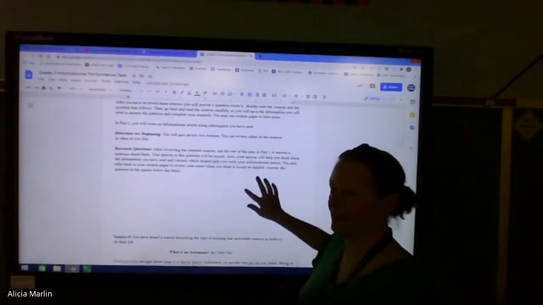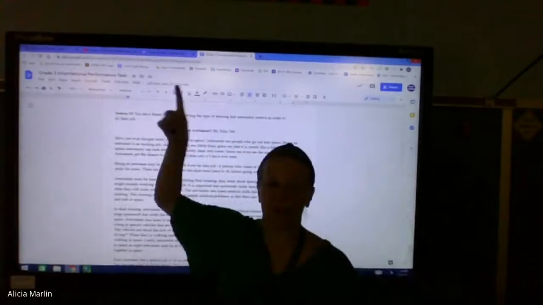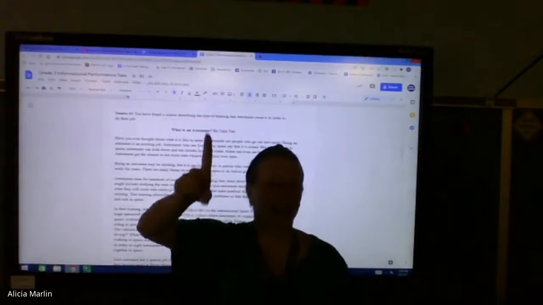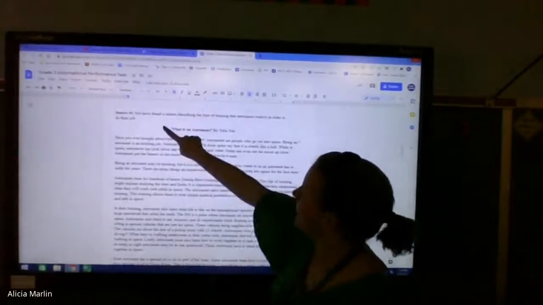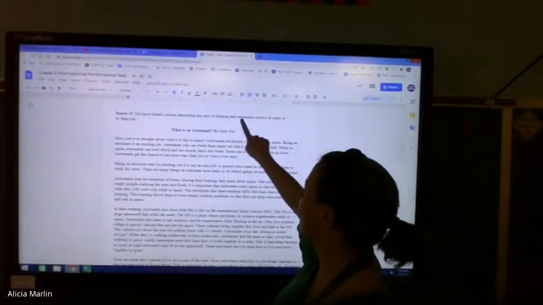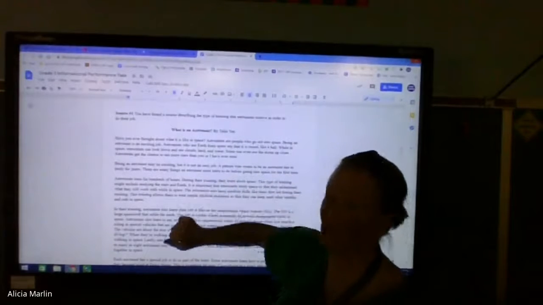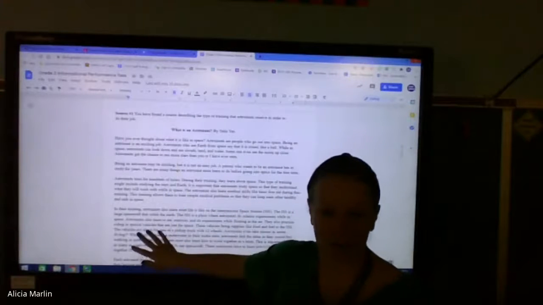All right. We're going to scroll down. Here is source 1. This is the first article about being an astronaut. You have found a source describing the type of training that astronauts receive in order to do their job. So you're going to read this article.